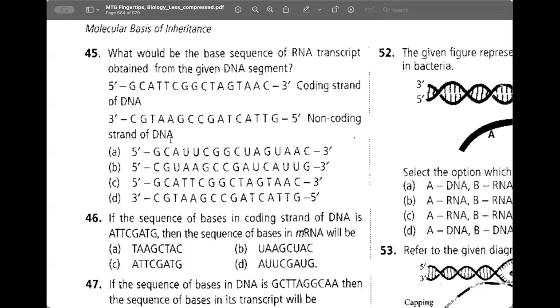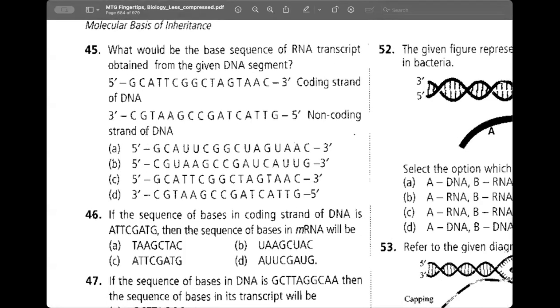Can you read the question 45 and give me the answer? Which of the option is true? What would be the base sequence of RNA transcript obtained from given DNA segments? So the DNA segment has two strands, coding and non-coding. What will be the RNA transcript?